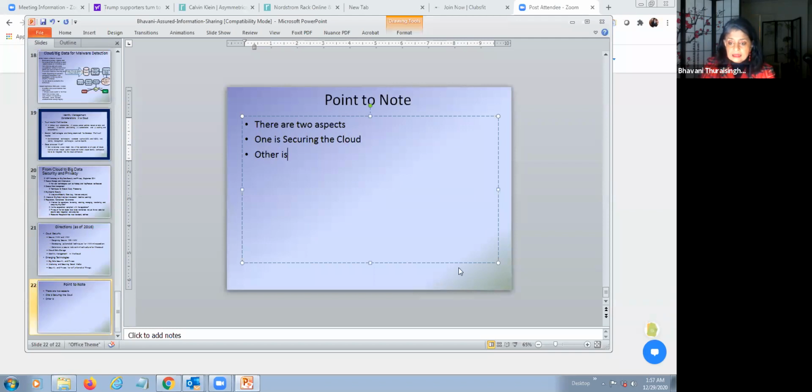The other is using the cloud, and I'll say hopefully a secure cloud, right? You don't want to use any cloud. Resulting from 1, so I'll put 1.